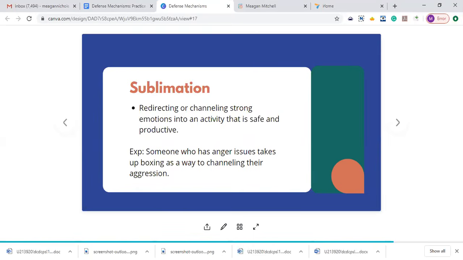Sublimation. This one is seen as a positive defense mechanism. This is when you have a strong emotion or a negative, unwanted feeling, and you redirect it into something positive, such as a safe and productive activity. The example here is someone has anger issues, so they have a lot of anger built up, and to channel this they take up boxing.